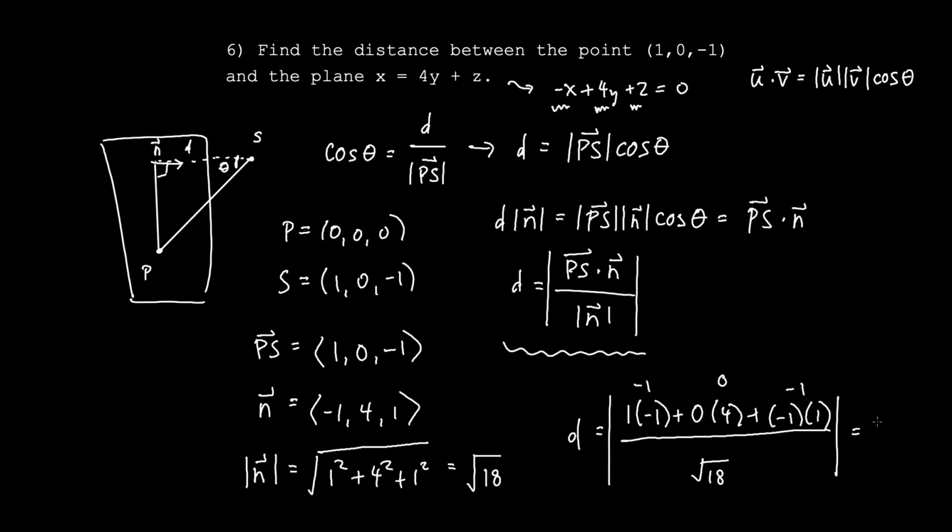So the answer to this is 2 over the square root of 18. And if you want to get a decimal answer by plugging it into your calculator, the decimal answer turns out to be 0.471 units, which is the distance from point S to the plane.